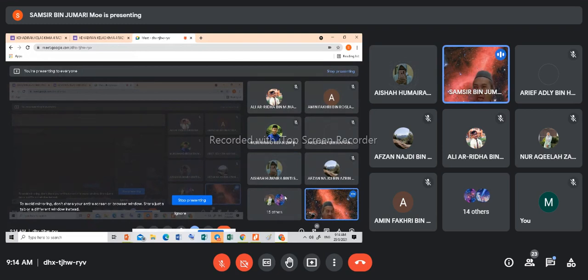All the absorbed salts, ammonium, sodium, and potassium, are soluble. All the carbonates are insoluble except the absorbed salts. Lain lah daripada absorbed salt tu, yang carbonate semuanya tak larut. Contohnya apa?